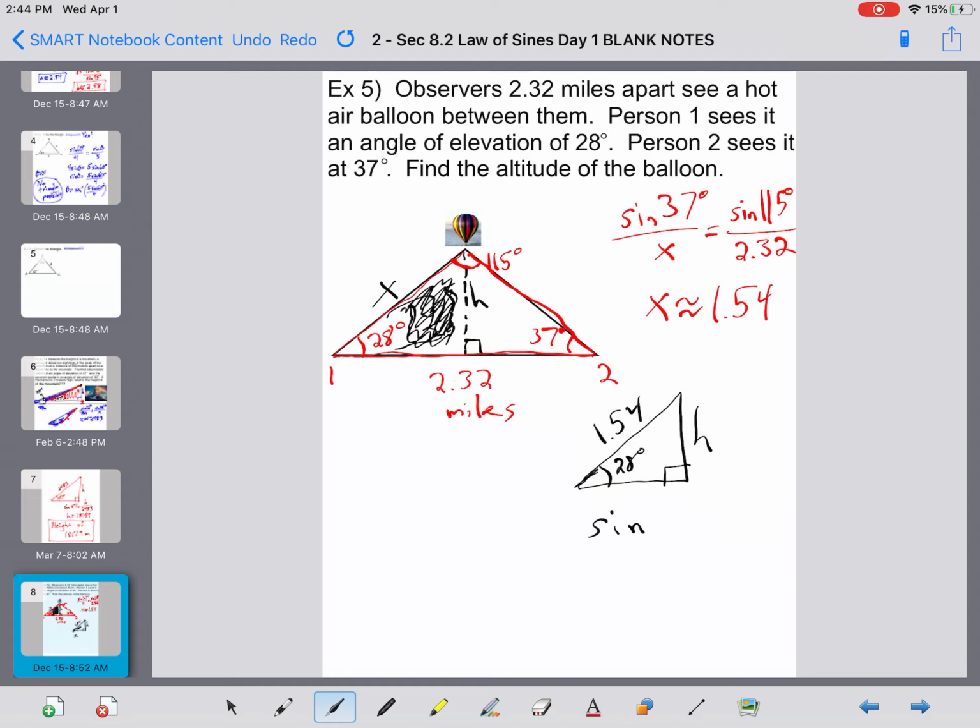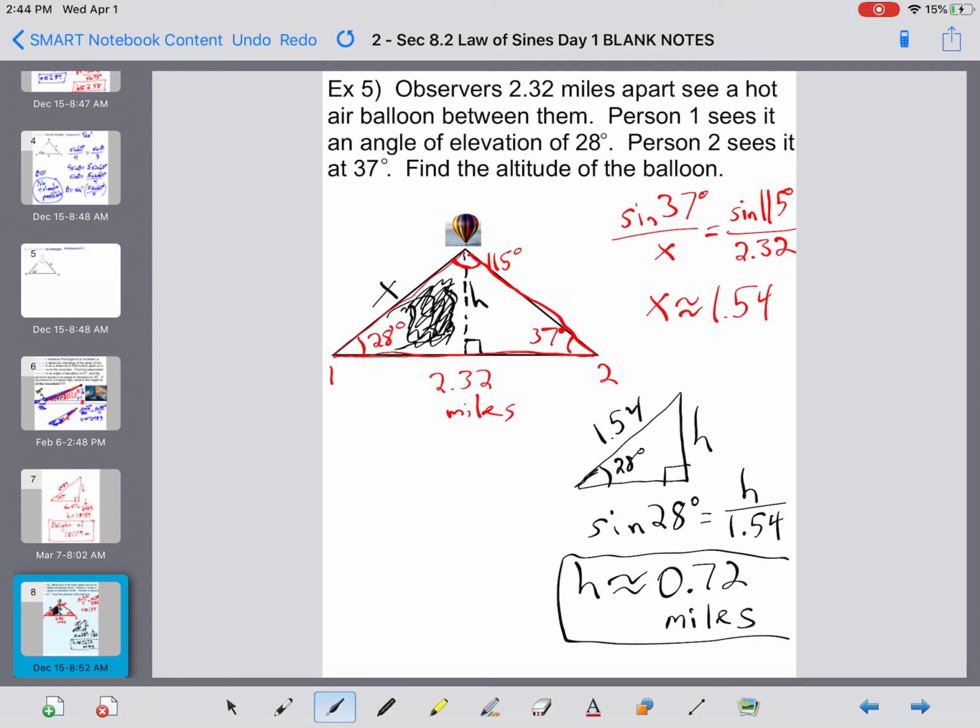I'm going to use sine. So sine of 28 degrees equals h over 1.54. If I solve for h, I get a height of the balloon to be approximately 0.72. Now, because my original distance was 2.32 miles, I know this height is also in miles.